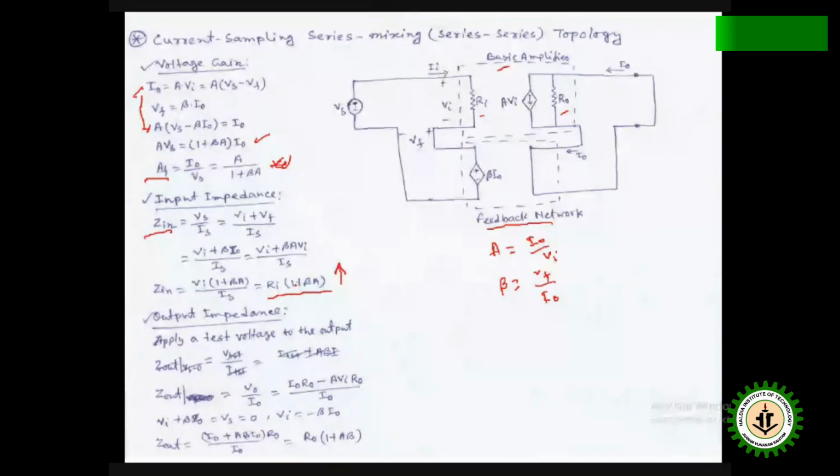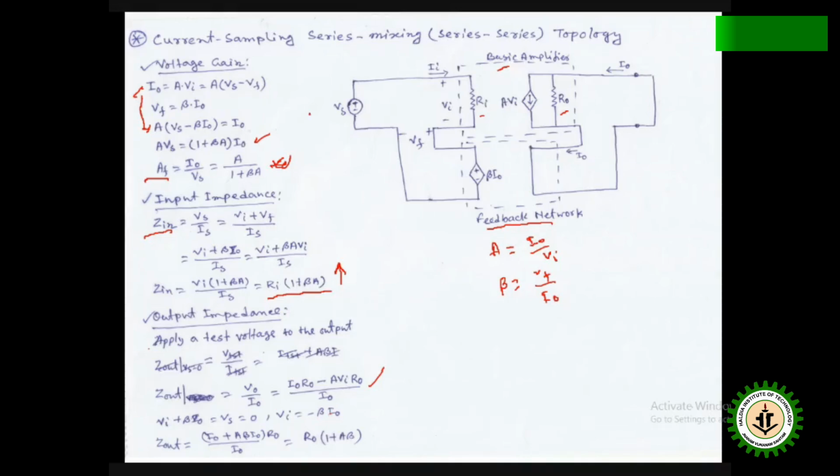That means the input impedance increases for this topology, because Ri is multiplied by the factor 1 plus beta A. Similarly, in the case of output impedance, apply a test voltage, that is V naught by I naught, where V naught is equal to I naught into R naught minus A Vi. Vi plus beta I naught is equal to Vs, which is 0. So we can write Vi is equal to minus beta I naught.